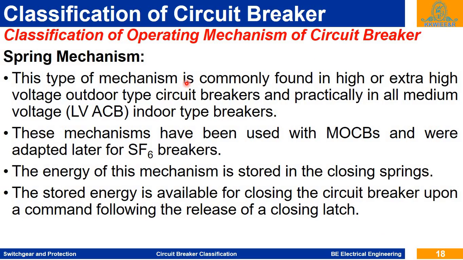So this type of mechanism, or spring type of mechanism, is commonly found in high or extra high voltage outdoor type circuit breakers, and practically in all medium or low voltage circuit breakers, which are used as indoor type circuit breakers.